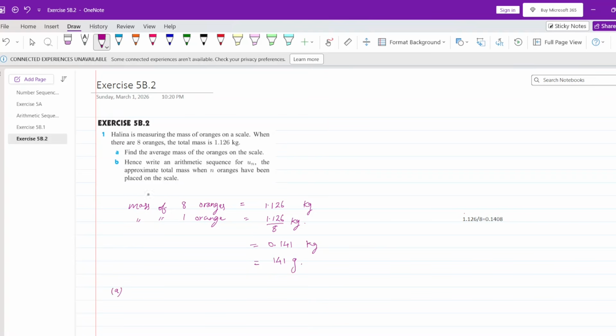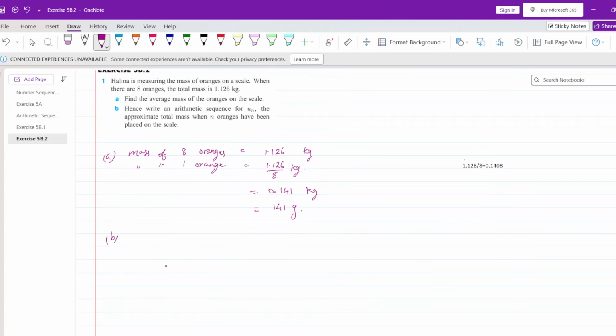Find the average mass of the oranges on the scale. So this is what we have already calculated. This is the average mass. B. Hence, write an arithmetic sequence for un, the approximate total mass when n oranges have been placed on the scale.